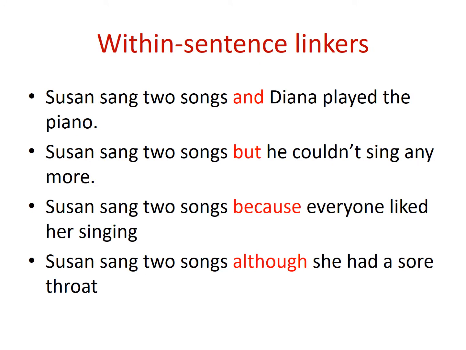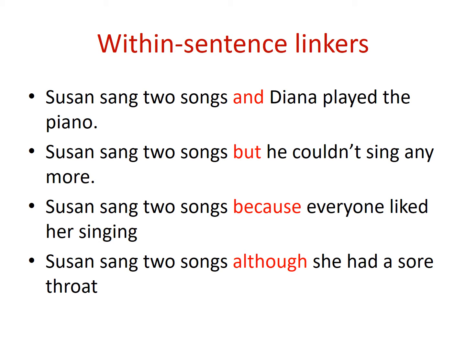Let's look at within-sentence linkers first. You already know conjunctions such as and, but, because, and although. In each of these sentences, there are two ideas with a linker to join them. The ideas come in clauses. A clause must have a verb, usually a word to express an action, and a subject, usually a person or thing that controls the action.